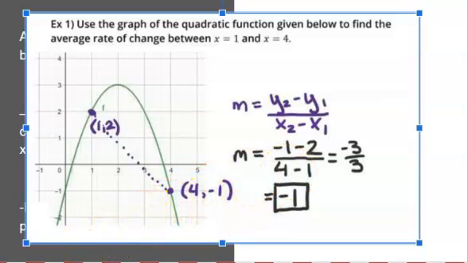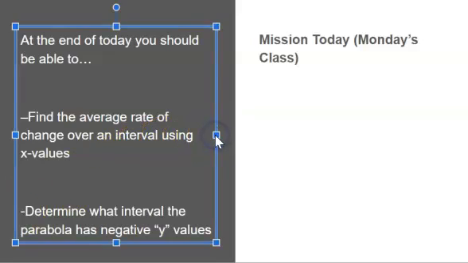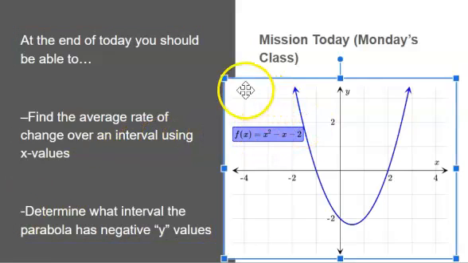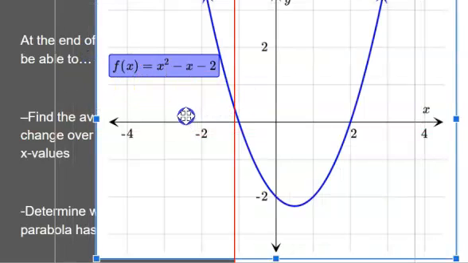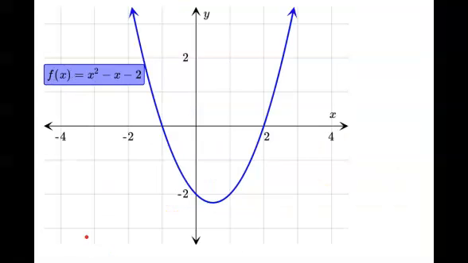Another mission is this. You're going to determine the interval where the parabola has negative y values. So basically, I'm going to give you a graph like this, and you're going to be looking for where that graph has negative y values, which essentially is right here. Finding an interval where the y values are negative is really easy.